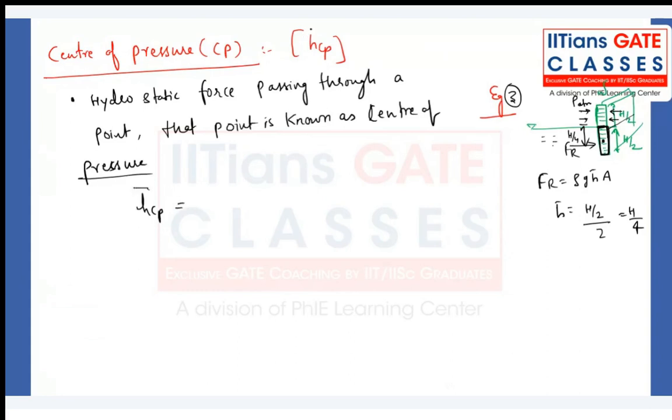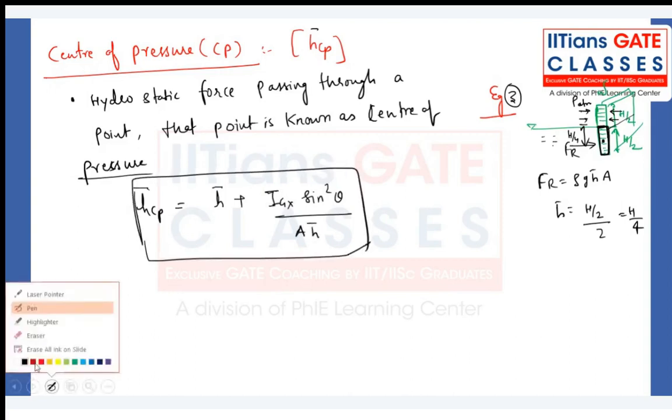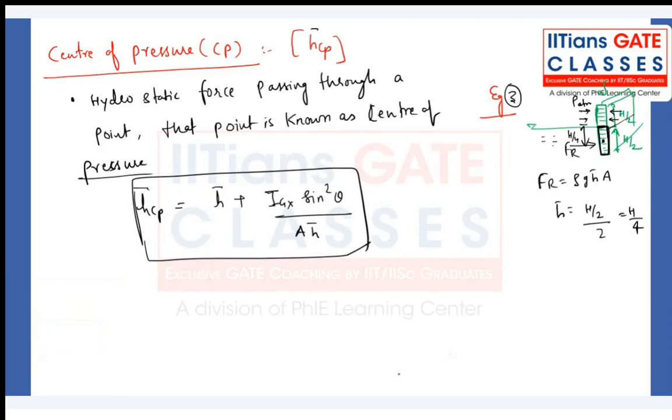something like this, where Igx is the area moment of inertia about the centroidal axis, right? And my dear friend, what is the h bar?